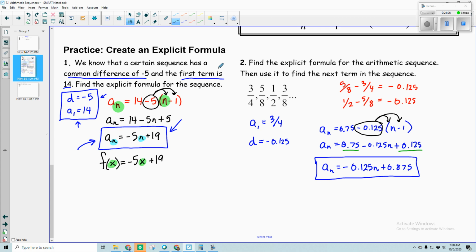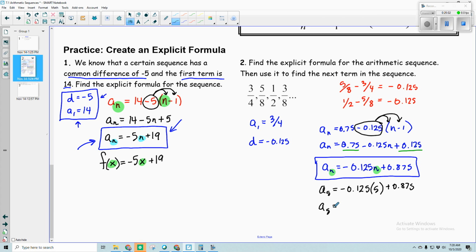All right, so now let's use it to find the next term in the sequence. If we're actually going to use our explicit formula, the next term in the sequence would be the 5th number. So I'm going to find what is happening in the 5th spot. If I go ahead and plug in 5 for n, what is the number in the fifth spot?